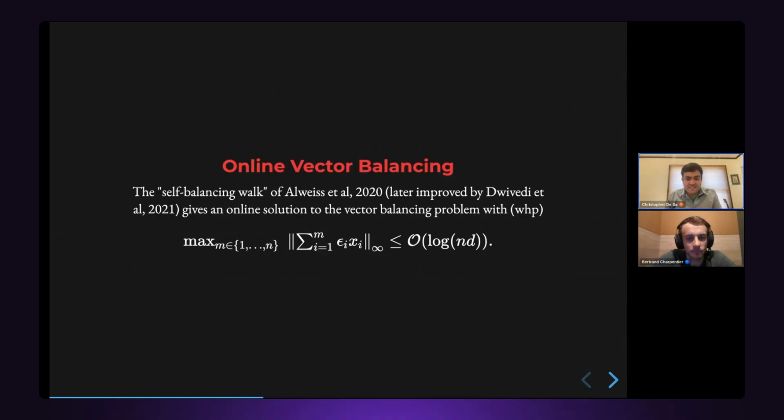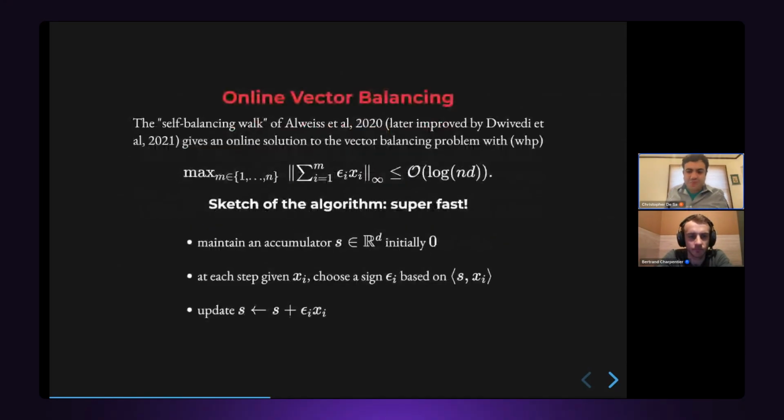It's online in the sense that you only need to know the vectors that you've seen up until the current vector in the sequence to decide which sign to assign. You don't need to know the future. And this has a guaranteed bound that's big O of log of nd, where n is the number of vectors and d the dimension. A really nice thing about this algorithm is that it's really fast to run.